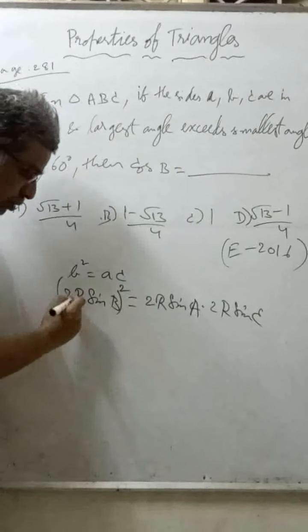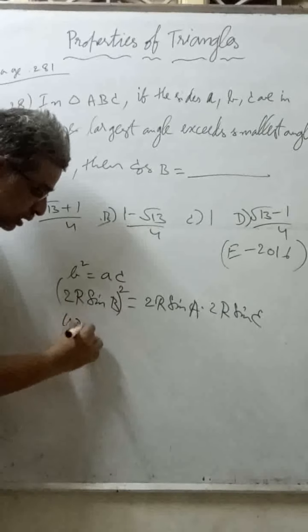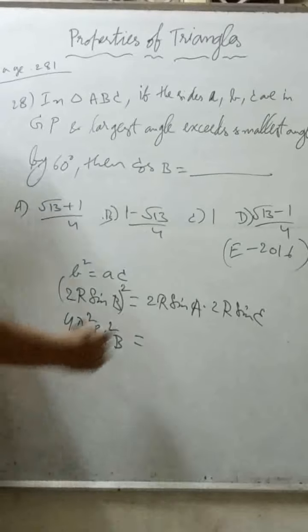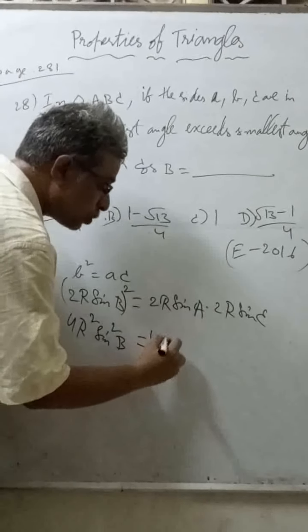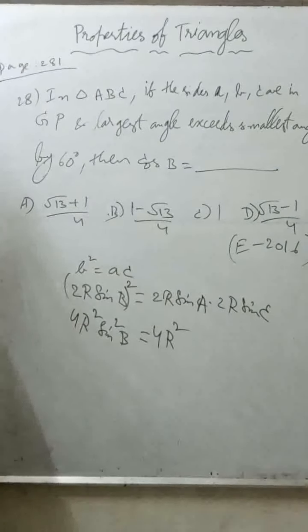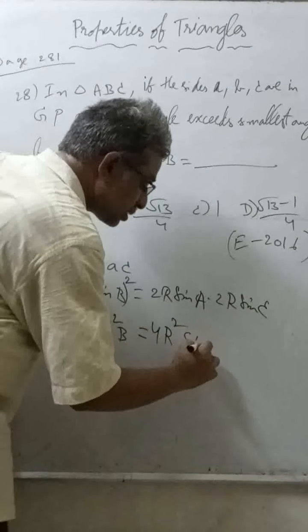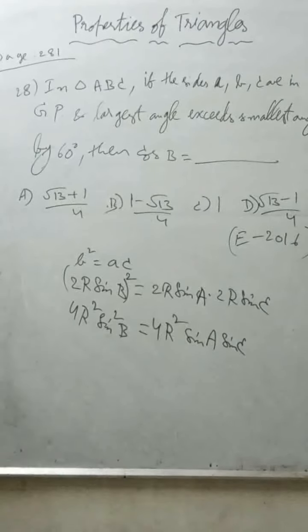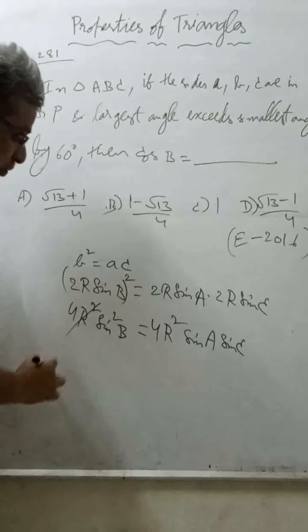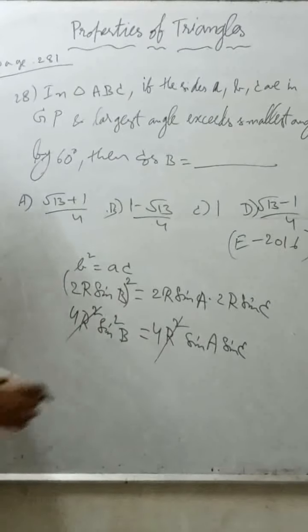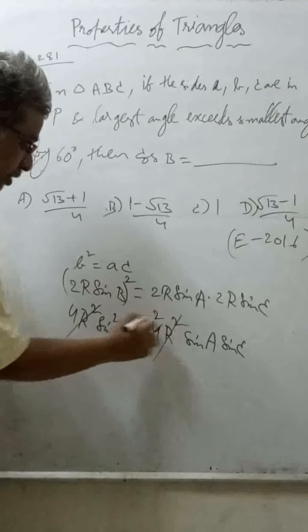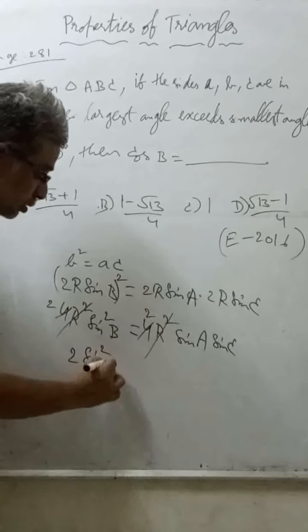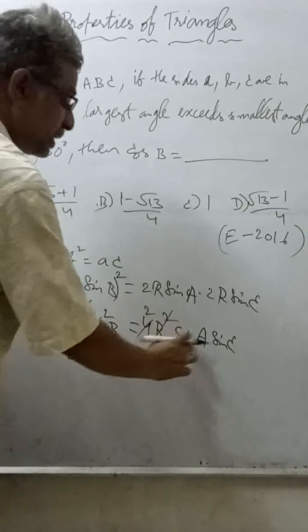Now the square of this is 4r square sin square B, equal to 2r into 2r, again 4r square, sin A into sin C. Now r square gets cancelled, and I will cancel 2 times with 2 times. Now 2 sin square B equals 2 sin A sin C.